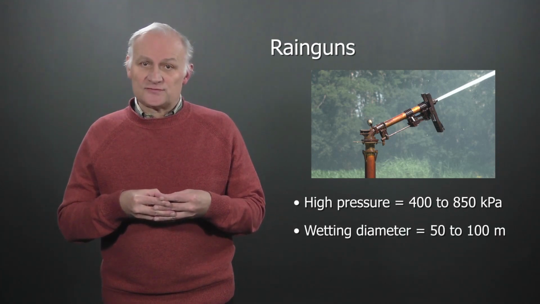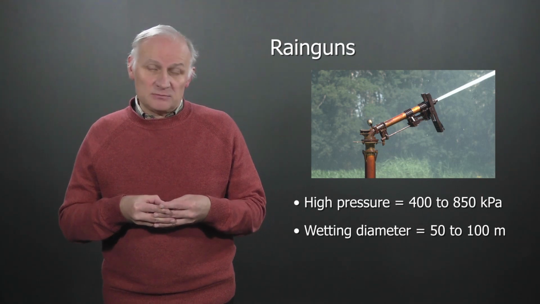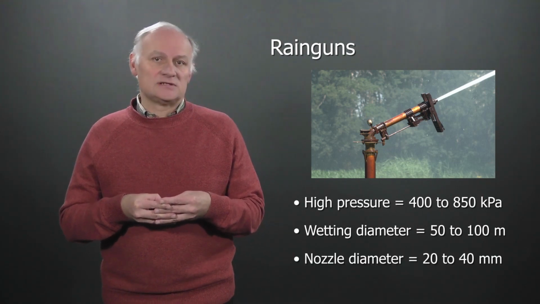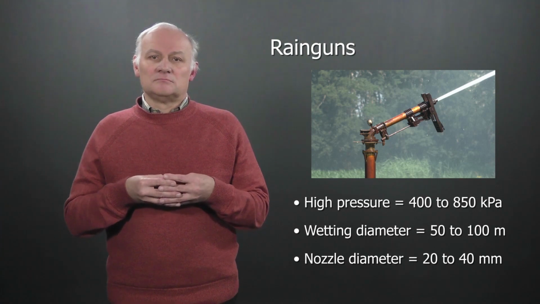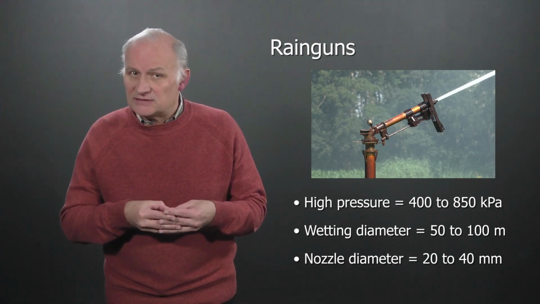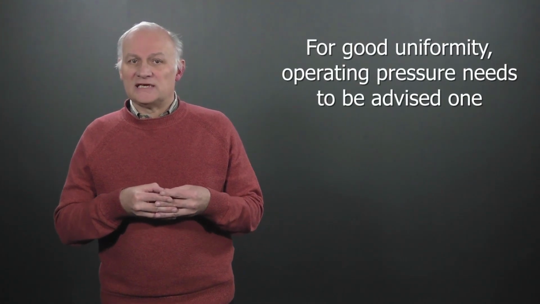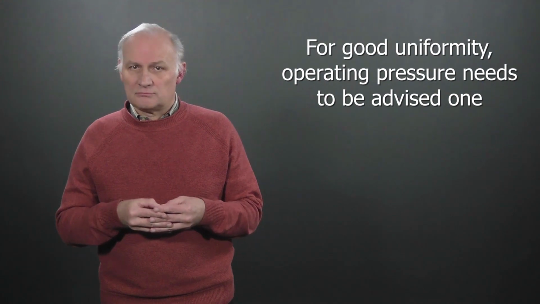The main nozzles for rain guns have a diameter of 20 to 40 millimeters. The main practical conclusion here is that for good uniformity, the operating pressure needs to be the advised one, neither higher nor lower, but the correct one.